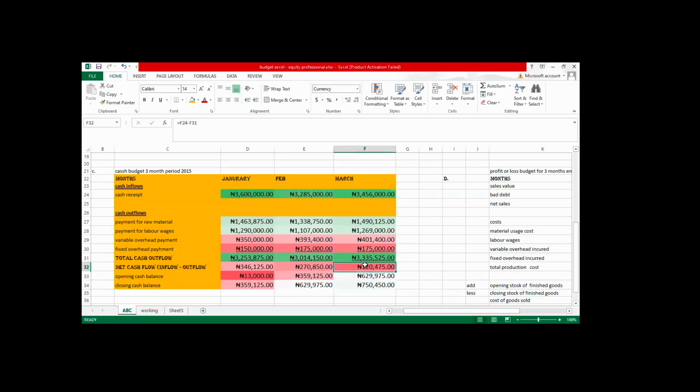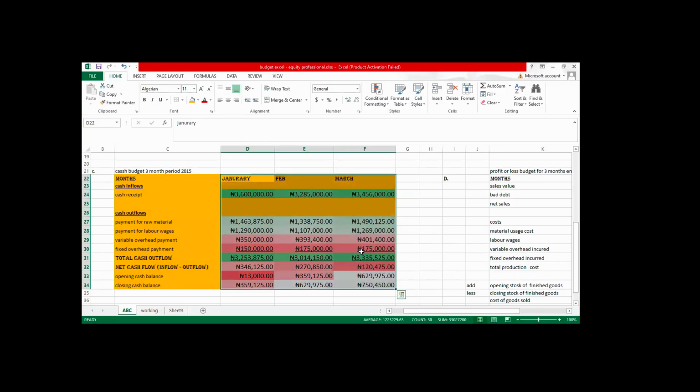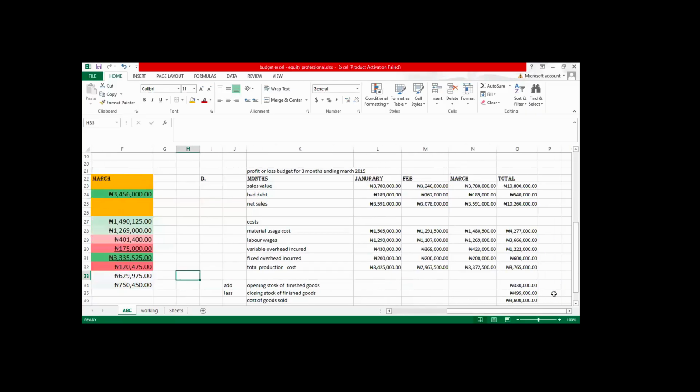Net cash flow plus opening cash balance. That will give you your closing cash balance. You are done with your cash budgets.